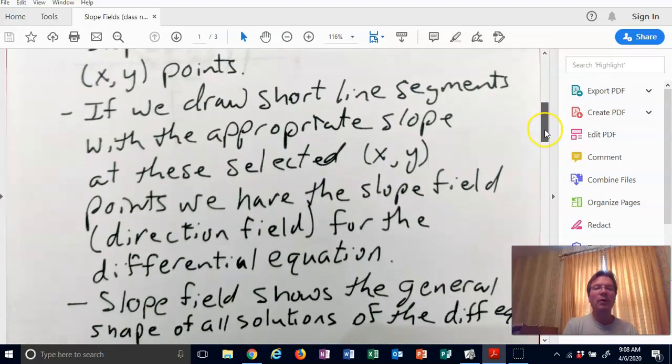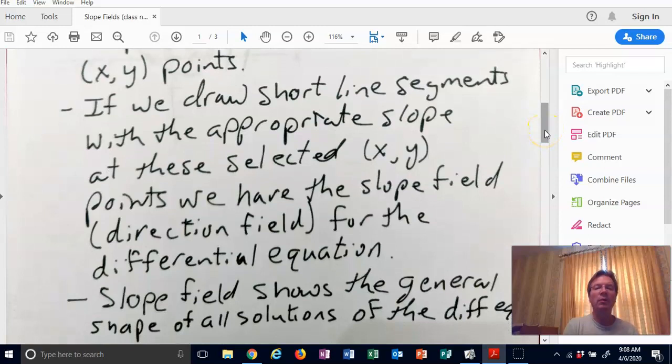All right. So the idea is this: if we draw little short line segments that show the slope at various values of x and y, or points, then we can create the slope field and give us kind of an idea what the shape of the solution may look like, what the y equals may look like.